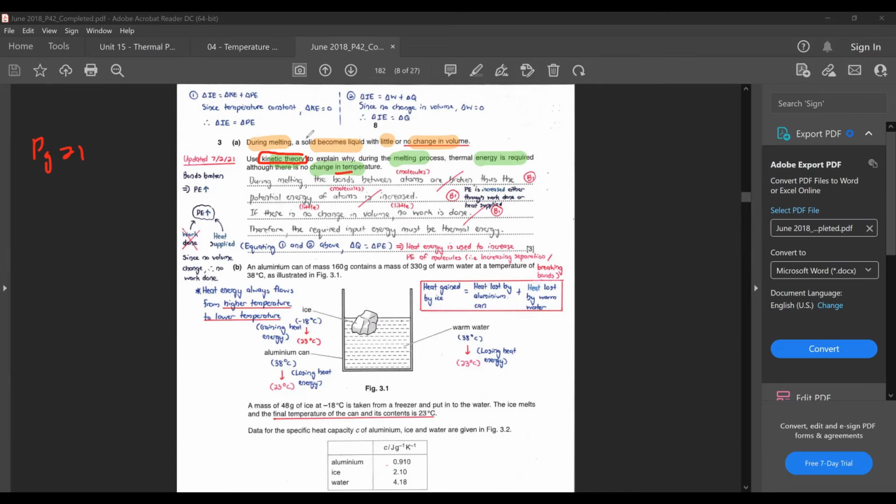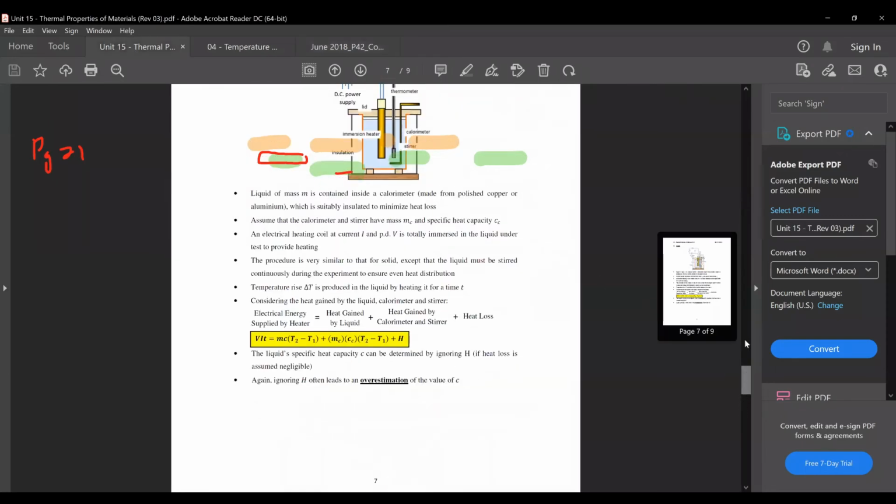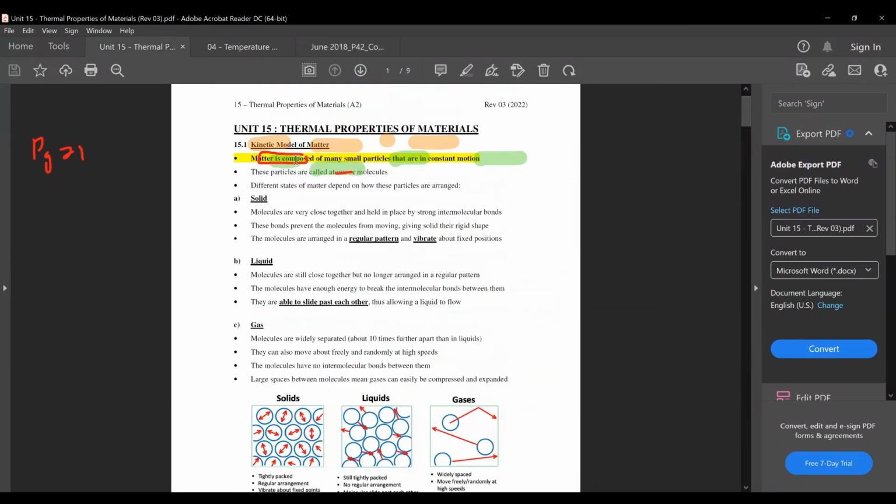Kinetic theory here refers to the fact that matter is composed of many small particles that are in constant motion. This is what the kinetic theory of matter is. It is saying that any matter, solid, liquid, or gas, is actually made out of many small particles that are always moving.